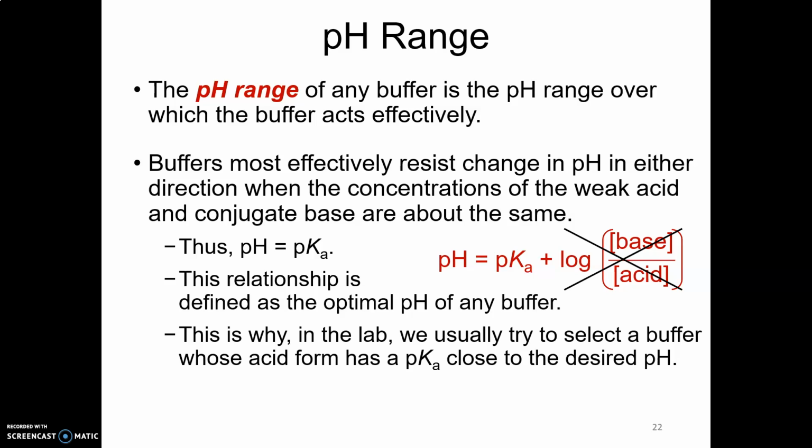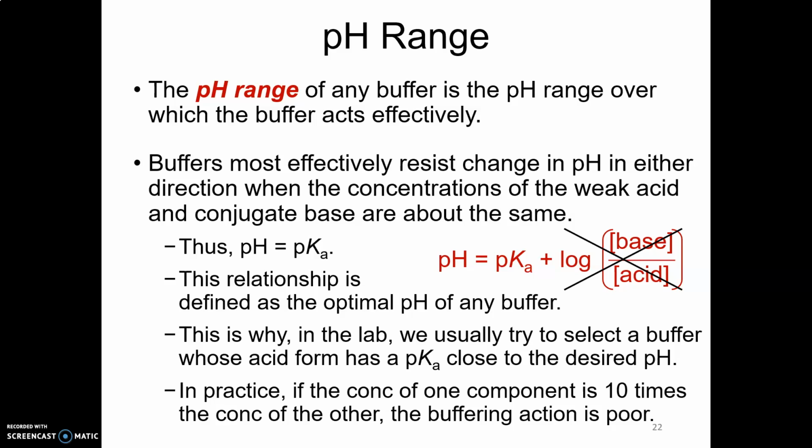It was less than 0.5, okay? So they need to essentially be really close to one another. By practice, if the concentration of the base is 10 times greater than the acid, or vice versa, if these differ by a factor of 10, your buffer is going to be horrid, because we want to keep it in the range where pH is very, very close to pKa.